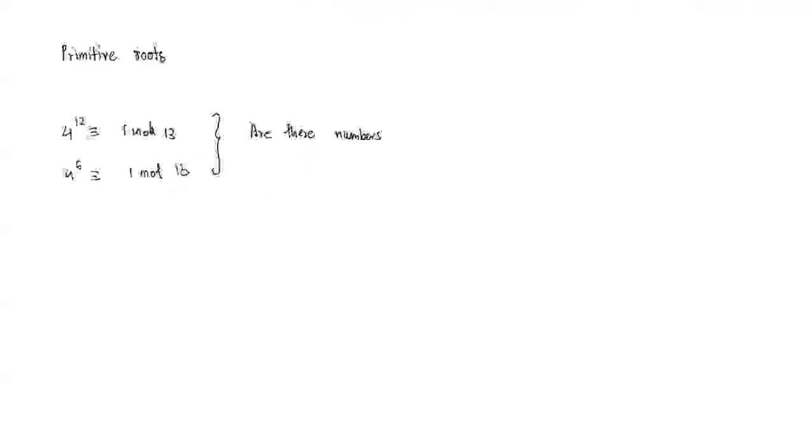So 12 is not the order of 4 modulo 13; the order d is smaller than p minus 1. My next question should be: are there numbers whose orders are phi of m itself?